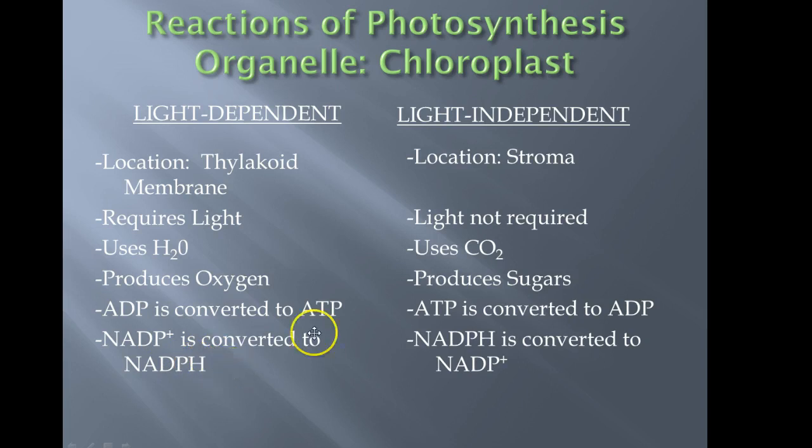Okay. Now, light independent happens in the stroma, so it happens outside the thylakoid membranes or outside the granum. Does not need water. Does not need light. Takes in CO2. Remember my two reactants, guys? Now I've used up my two reactants, and I've created my two products. Makes sugar, glucose. I use that energy in ATP to make that glucose.